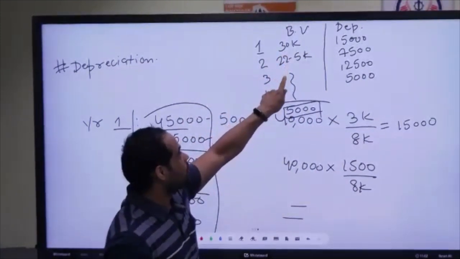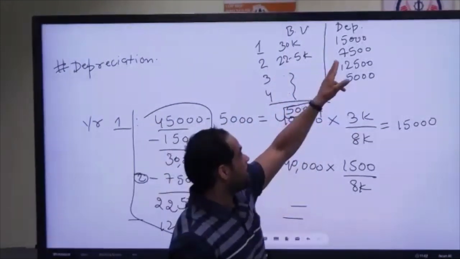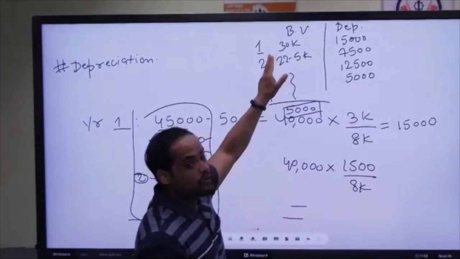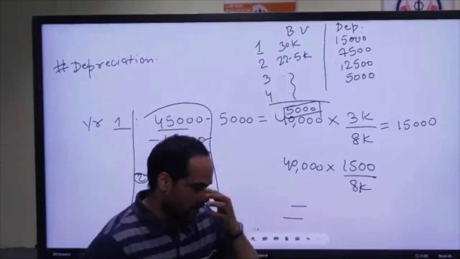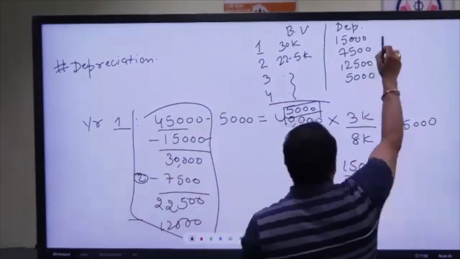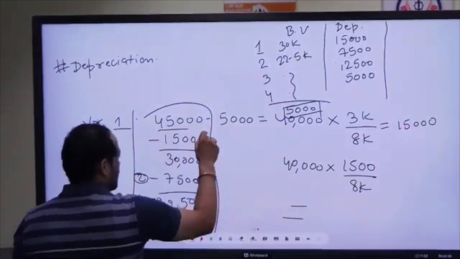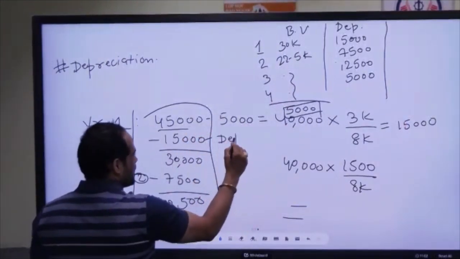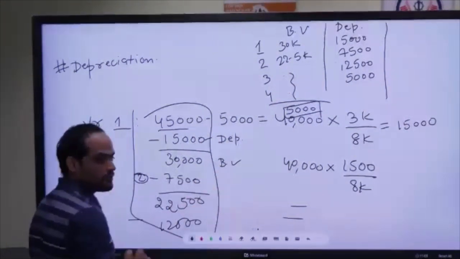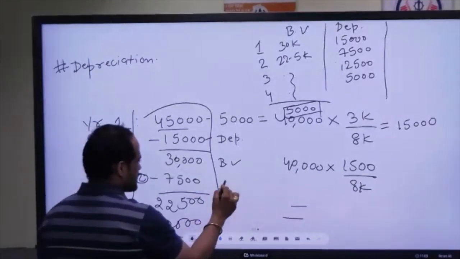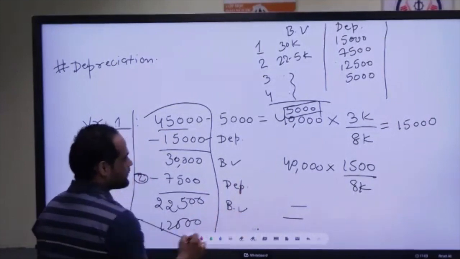So you have to calculate book value here and here too, right? This is the depreciation for every year, and this is the book value for every year, right? So you have to write down both. You can do it in a column, all right? Or if you want, you can do it this way. Here is depreciation, here is book value, here is depreciation, here is book value.